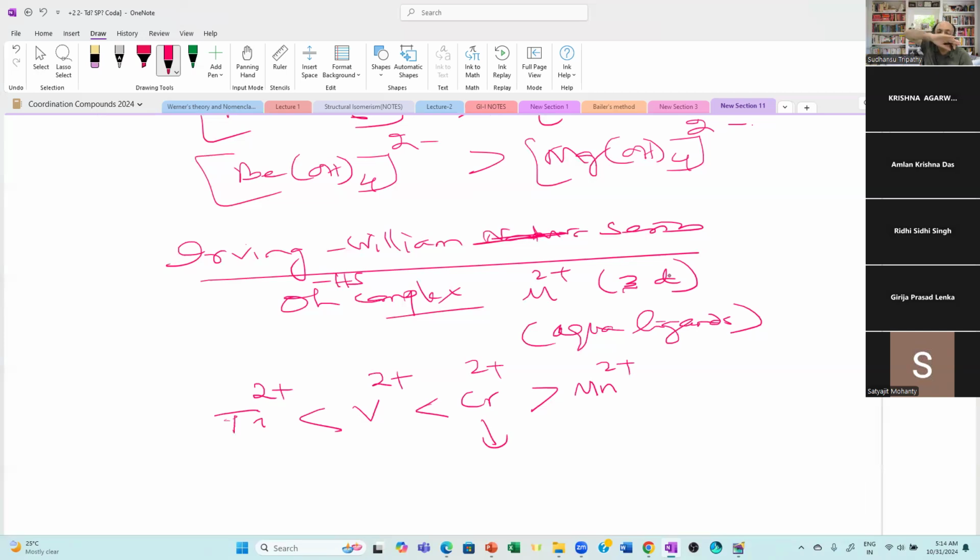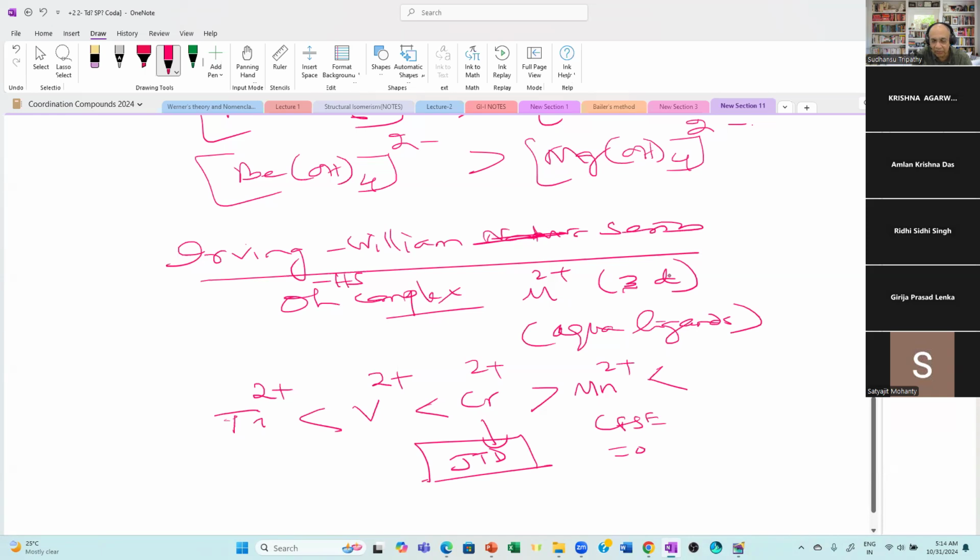The pattern is increasing stability. But this is complicated, marred by the CFSE effect as well as the Jahn-Teller distortion effect. This is the Jahn-Teller distortion effect, and this is the CFSE zero effect, and then it goes on again increasing.